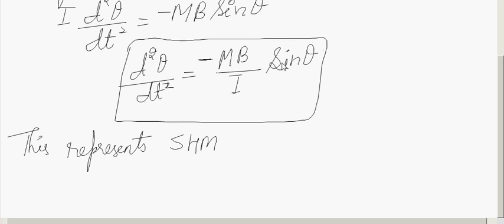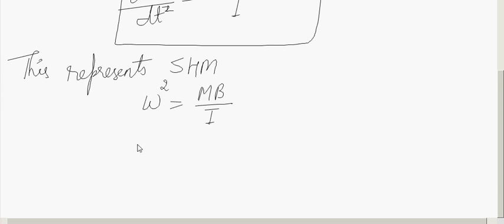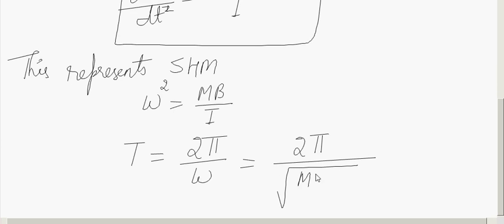Next you write the square of the angular frequency omega square as mB by I. Or the time period T is 2 pi by omega, which is equal to 2 pi divided by square root of mB by I, or equal to 2 pi into square root of I by mB.